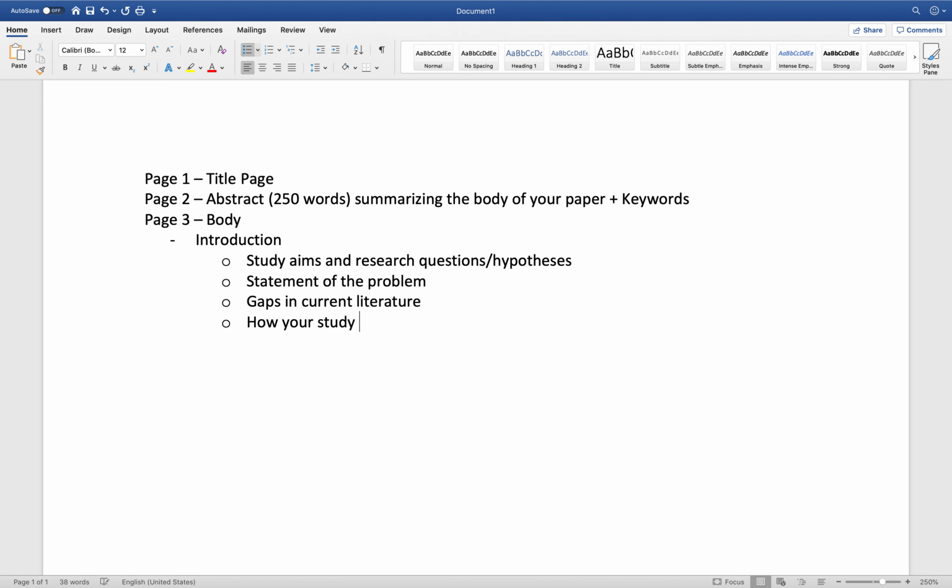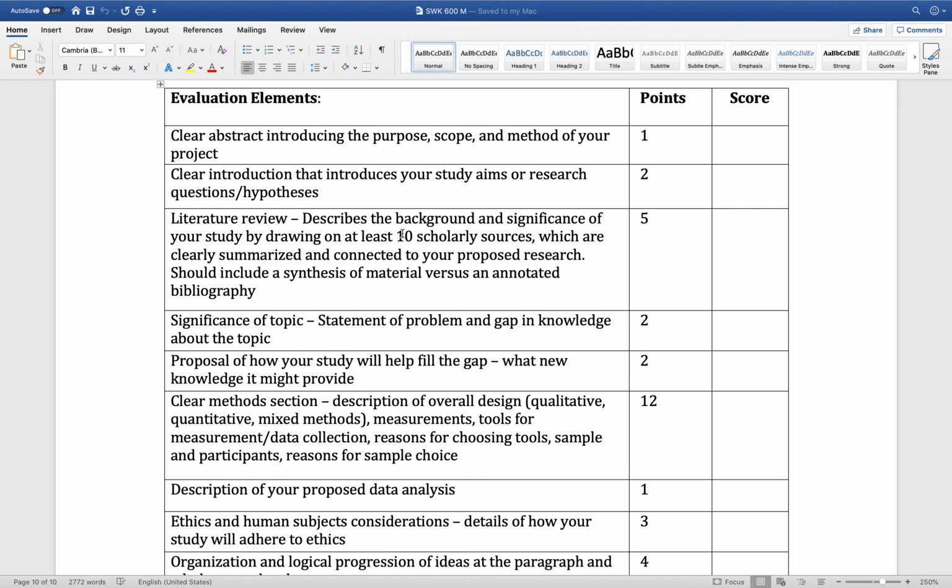All right. And within the introduction, you've captured 2 points here, 2 points here, and 2 points here. So those will be 6 points that you've just captured.